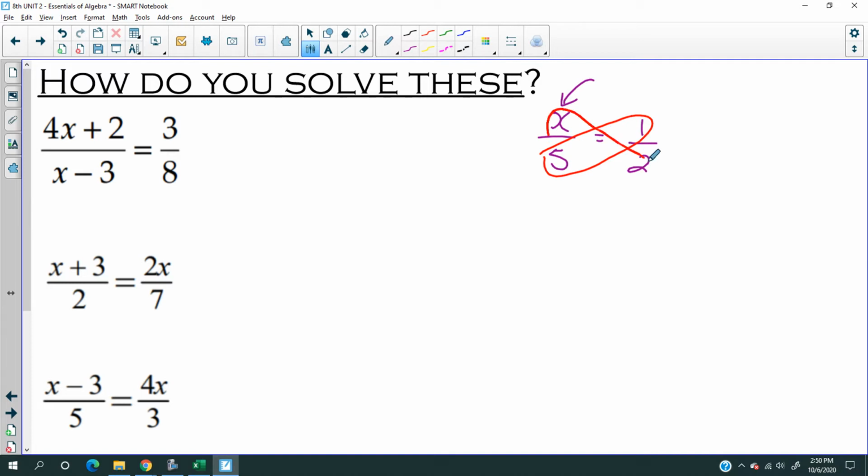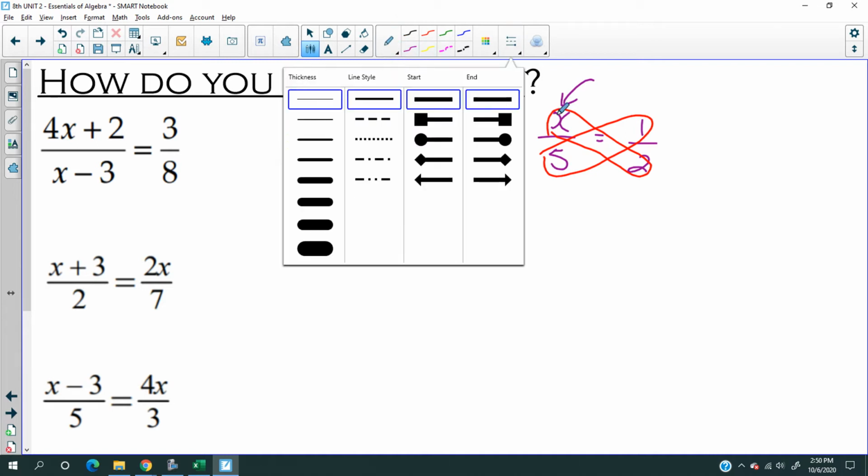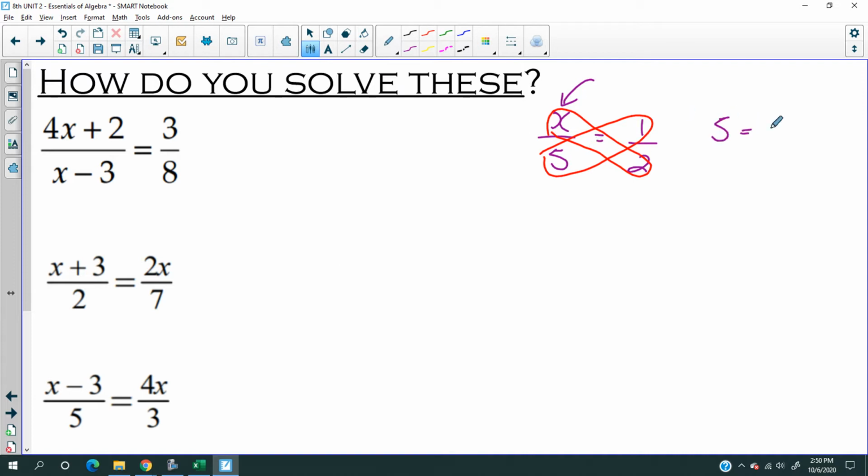Your seventh grade teacher went into this specifically. So in other words, to solve that, you would have done this: 5 times 1 is 5, and that equals 2 times x, 2x. Or even if you just think about it like this, on a calculator, 5 times 1 is 5, and then you just divide it by 2, and that's 2.5.